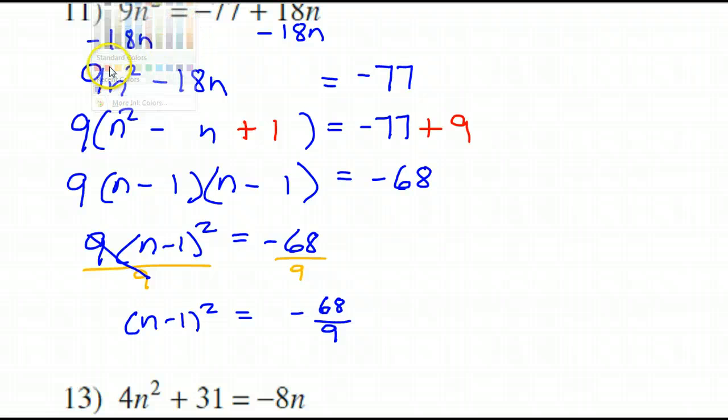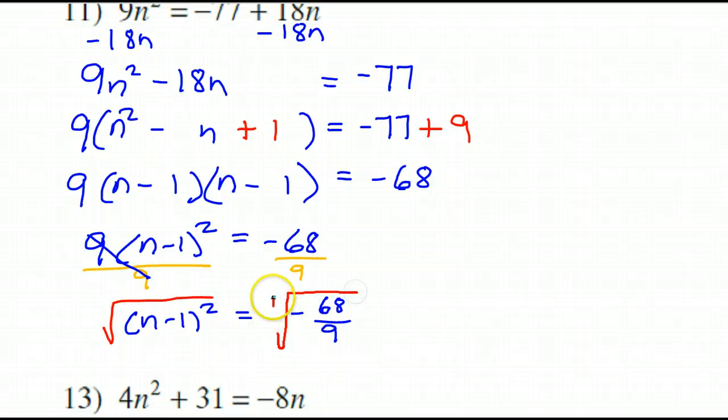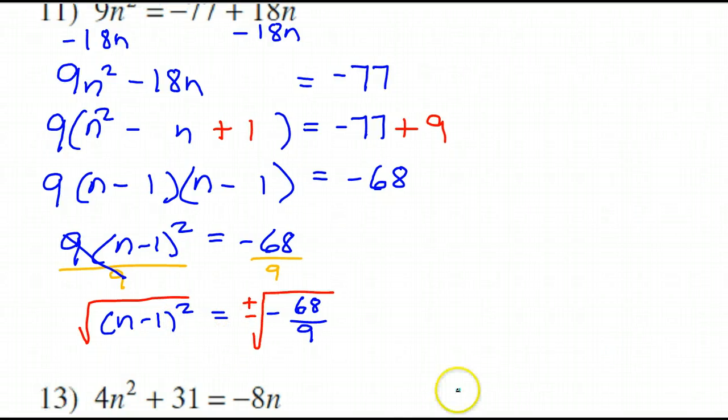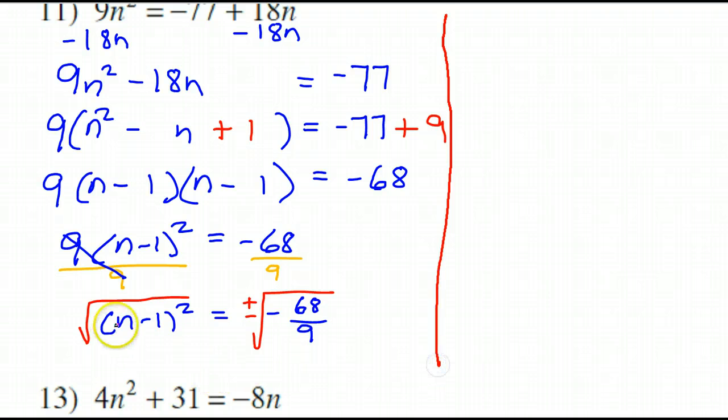Gotta deal with it. Time to unsquare things. So let's take the square root of both sides. Do not forget your plus or minus. Okay, now I'm gonna have to drag this up. I need more space. Maybe I'll draw a line like this. Okay, so I'm bringing this up over here now.